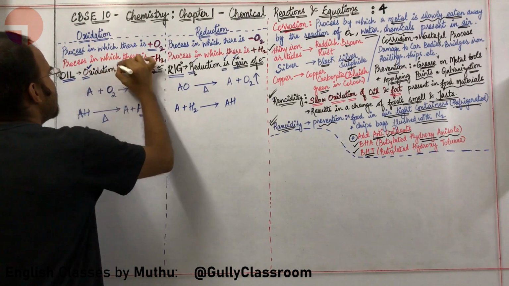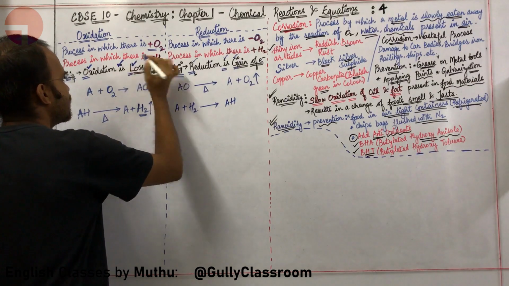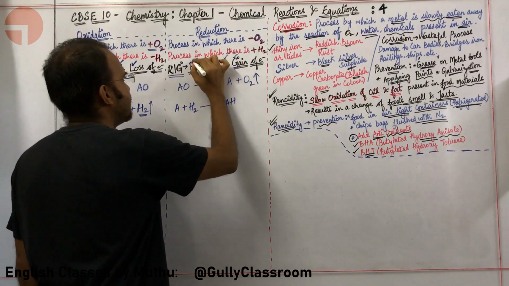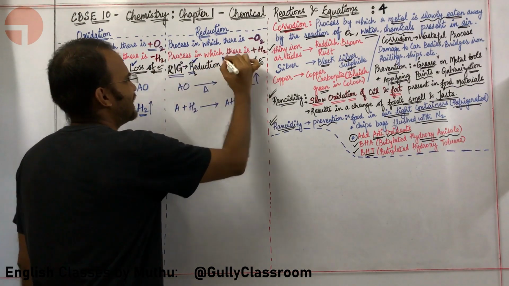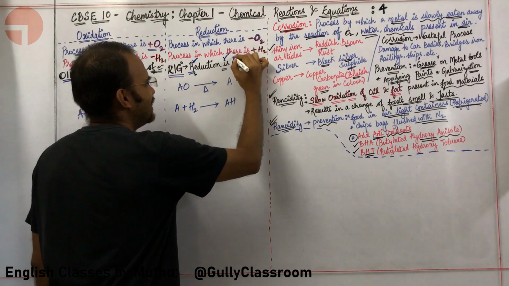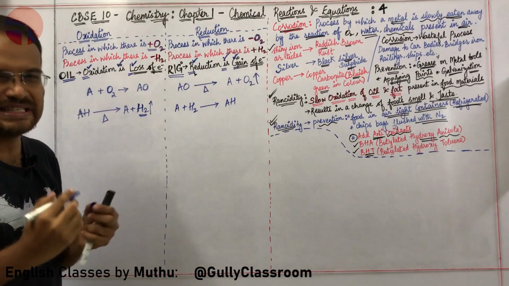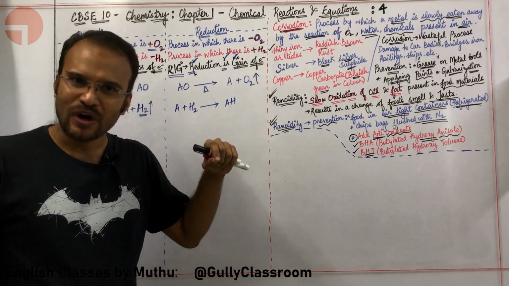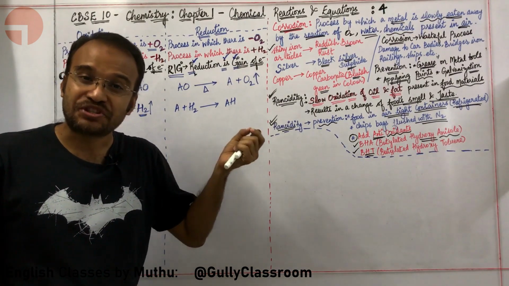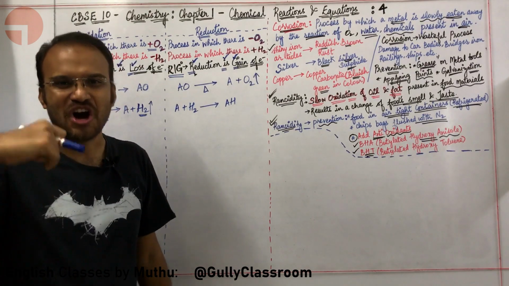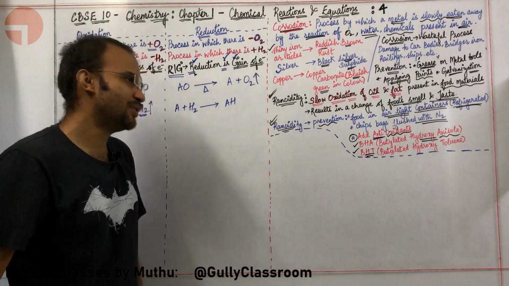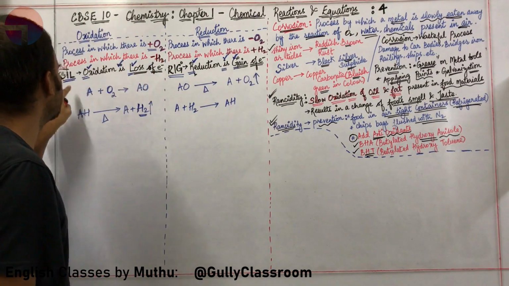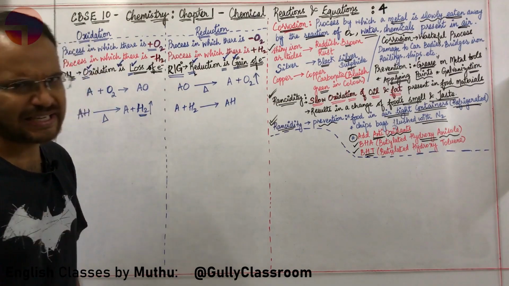Oxidation is loss of electrons. Sir, what about RIG? RIG means reduction is gain of electrons. As easy as that. So, oxidation means loss of electrons, OIL; reduction means gain of electrons, RIG. Okay, sir. We will learn more about this in higher secondary classes.